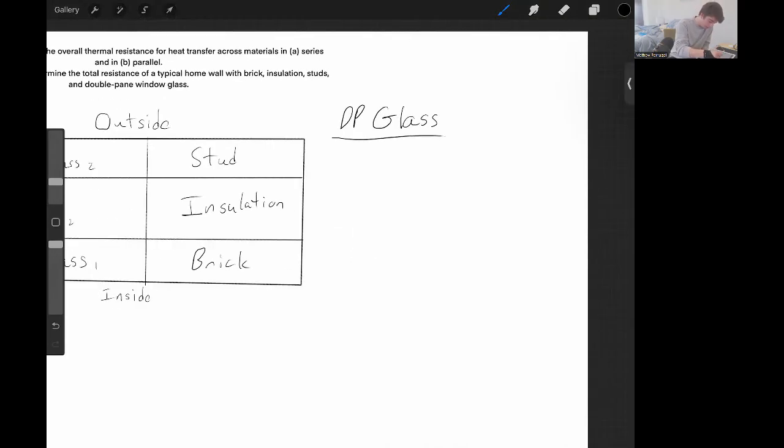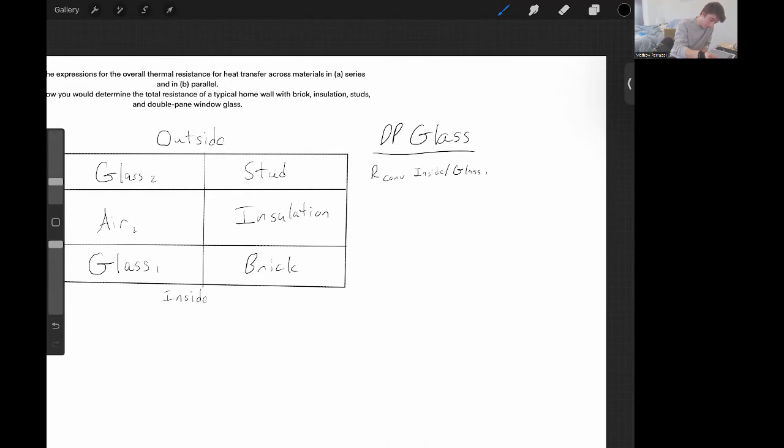So we have R convection, the resistance due to convection from the inside into the glass one that we see over here. So that's our first resistance.